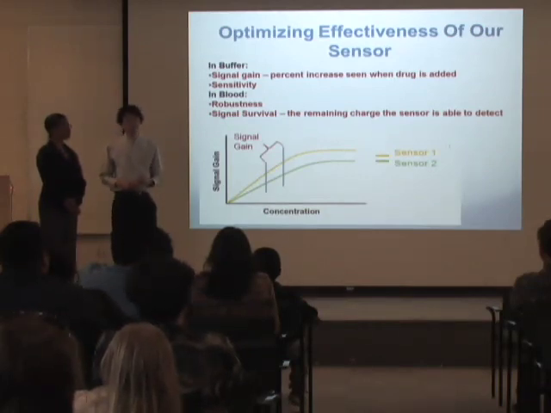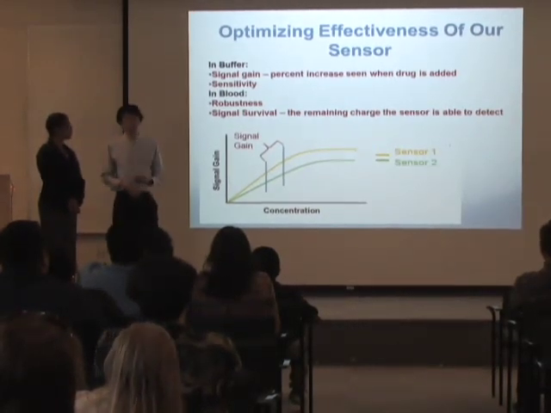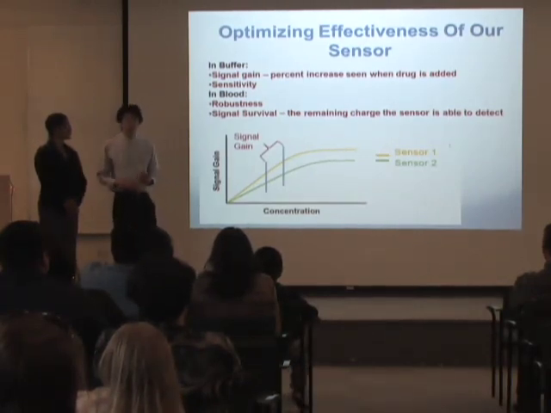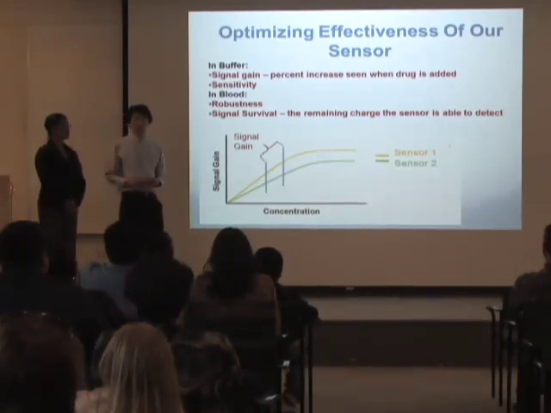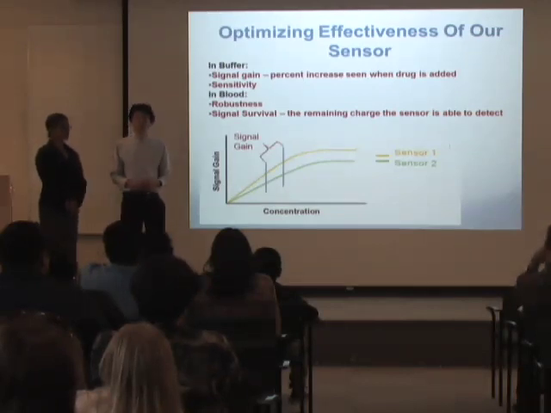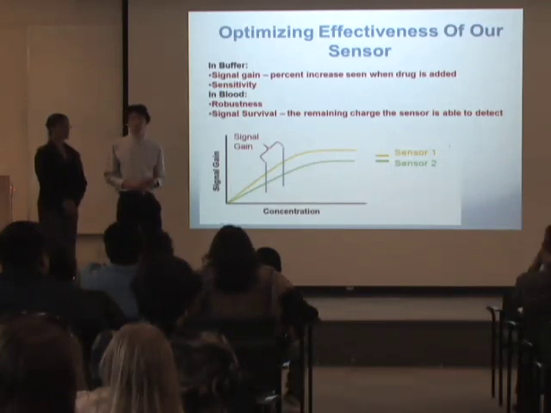In blood, we were looking for two different things. We were looking for the robustness, and we were looking for the signal survival. So robustness is saying, in blood, our sensors act differently than in buffer in the fact that there's a decay in our signal change. So we were looking for how well our test sensors decay when we put it in the blood.